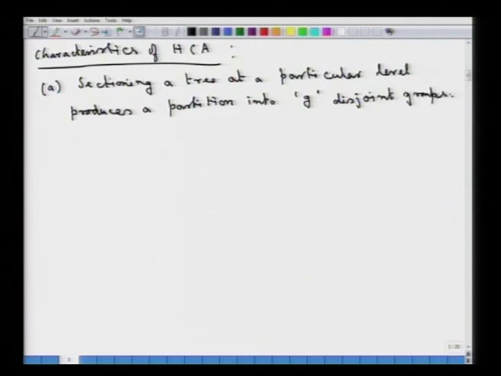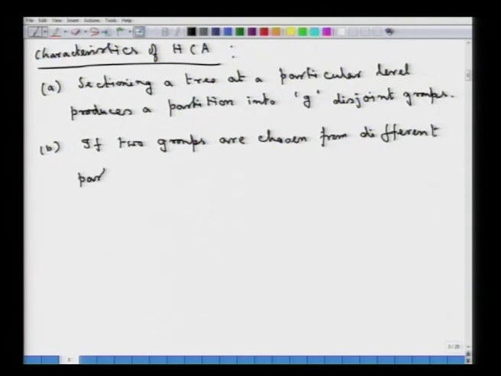That is what we have seen from the figure. Number 2, the second point to be noted is that if two groups are chosen from different such sections, different partitions, then either the groups are disjoint, that is what we have seen.